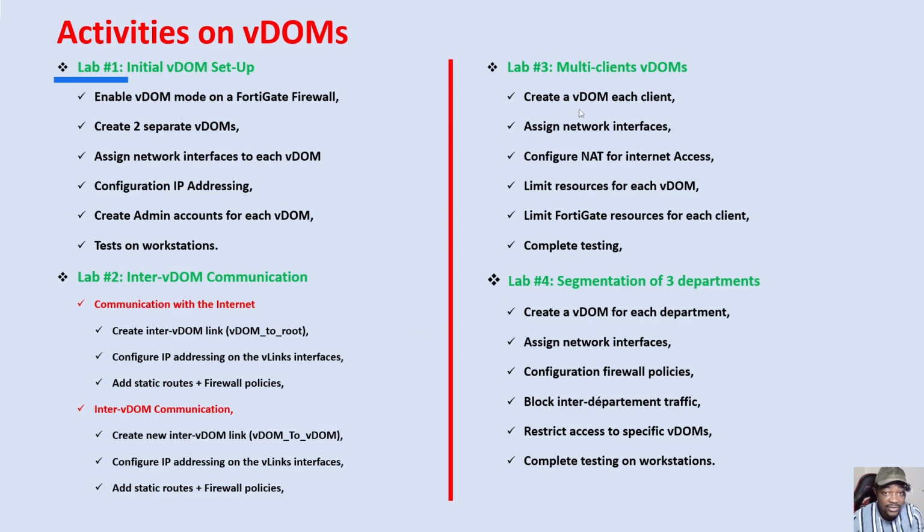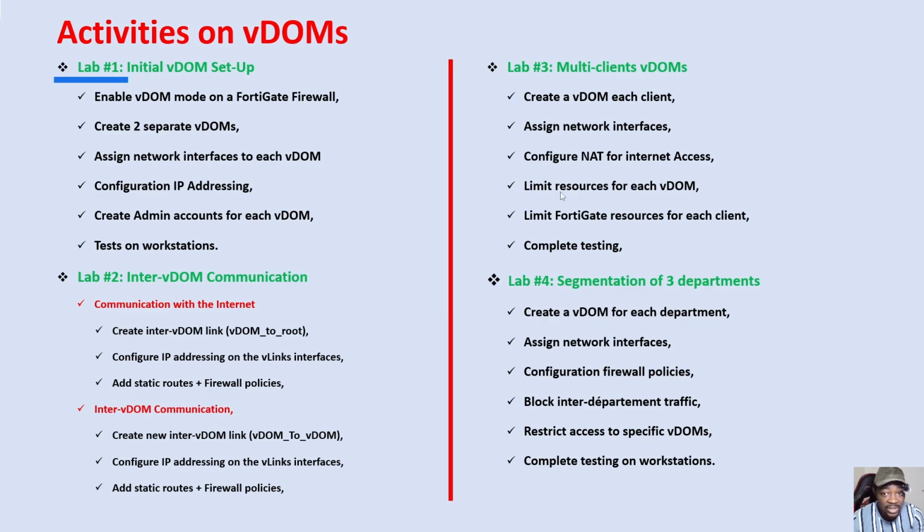Then from there, they can configure their access to the internet. So today in this video, we are going to consider that we are a vendor, or an MSP. So we have multiple clients that we manage from our FortiGate device. Let's say we have 2 or 3 companies. We'll see how to create a vDOM for each of those companies. We'll do addressing.